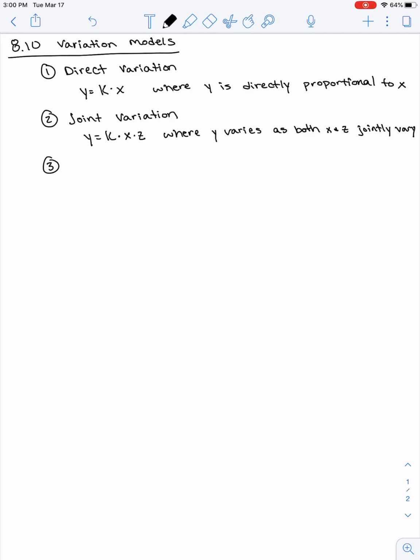And the third variation model that we will talk about is inverse variation. Inverse variation is y is equal to essentially k over x.